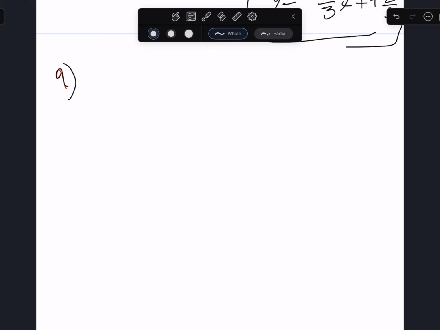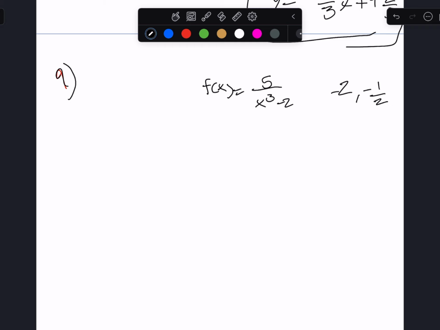Next up is question 9, and it is asking us to find the derivative of the function f of x equals 5 over x cubed minus 2 at the point negative 2 comma negative 1/2. To do this, we're going to use the quotient rule once again.